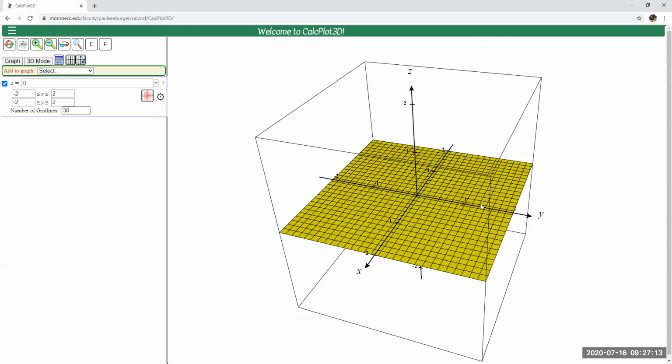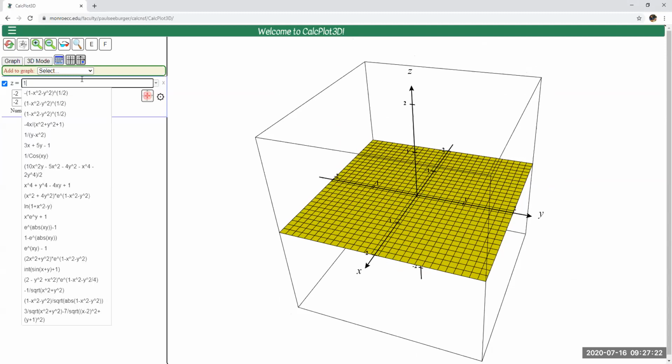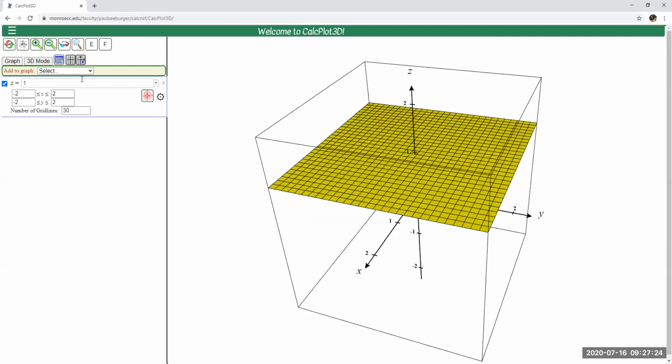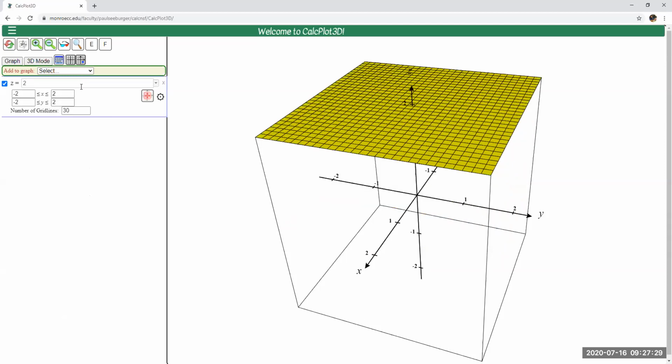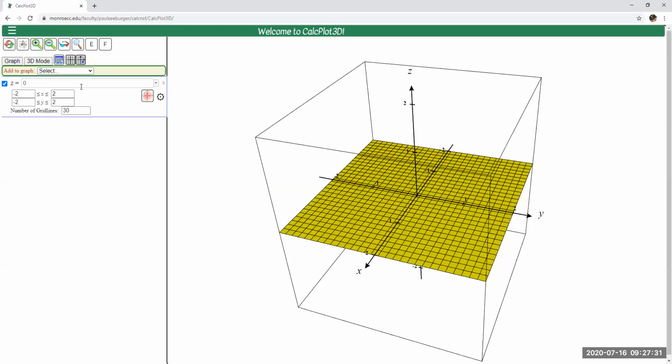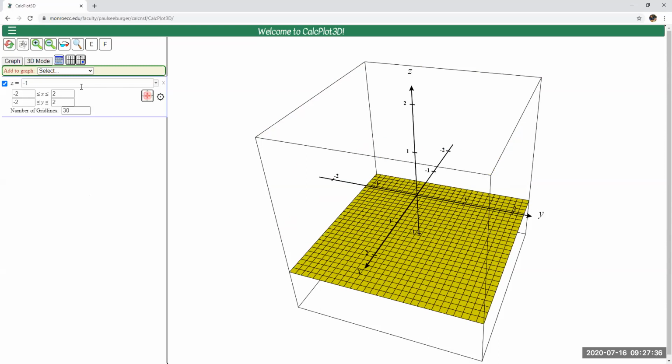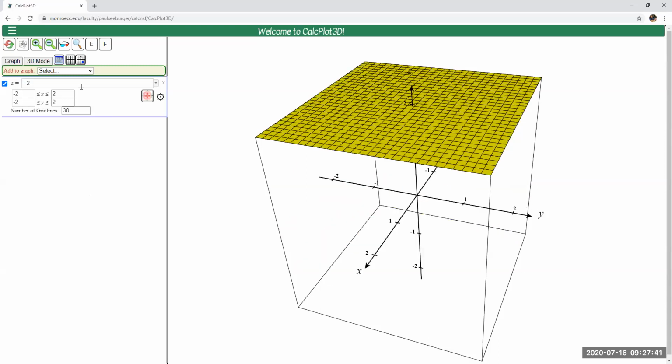Here we have y. Here we have z. If z is equal to 0, we have this plane. But what do we get if z is equal to 1? We get the plane above it. What if z is equal to 2? The plane above it. What about -1? -1 is here. What about -2? -2 would be, well, it would be down there, but because it's out of our range, it doesn't show.